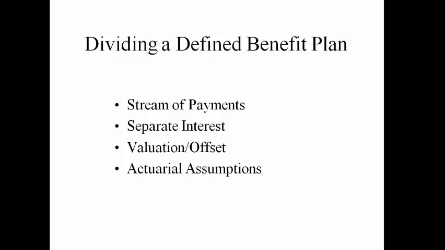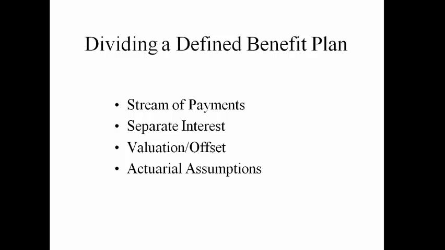Because if it's a cash balance plan, which, if you recall what I said, is communicated to participants in accounts, that's very much like defined contribution plans, and we could probably use one of the tracing or subtraction or coverture methods to divide the cash balance account.